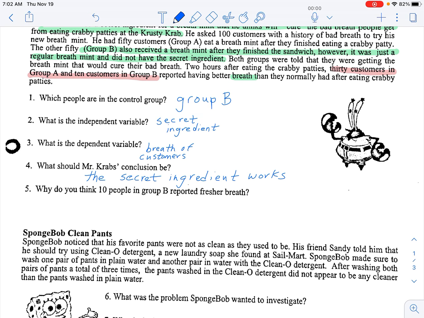It could be that perhaps just the old version of the breath mint worked for them. There are a number of factors that you could use there. So I would like you to just make your guess and form your own answer for number 5. Why do you think the people that didn't get the secret ingredient thought they had fresher breath? Okay, I'm going to let you formulate your own answer for that one.